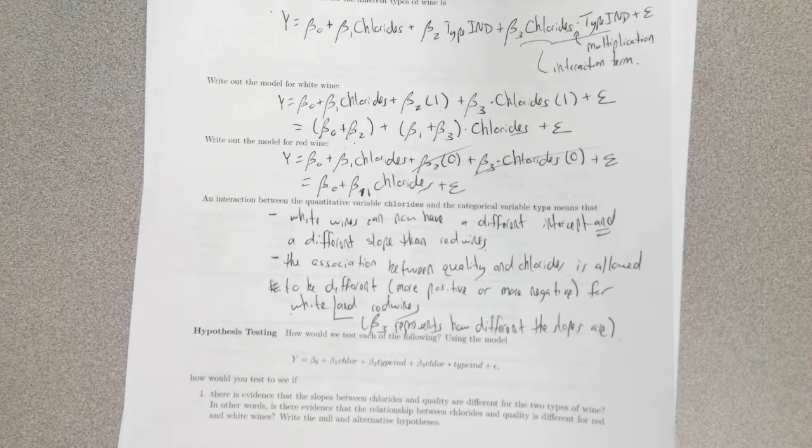So that's what we're going to jump to next, is practicing interpreting some of these coefficients, and so we'll end up using the output for the non-parallel lines model in this wines example.